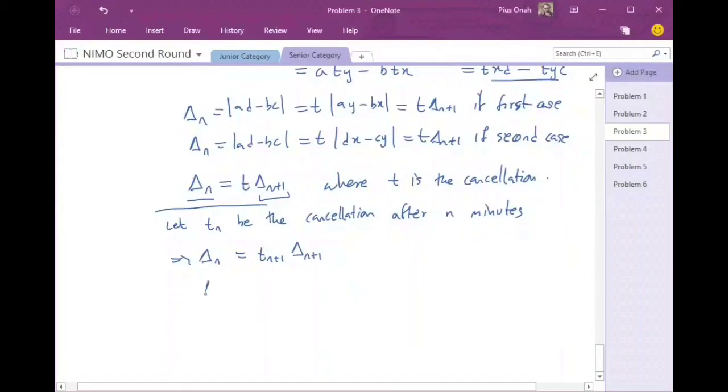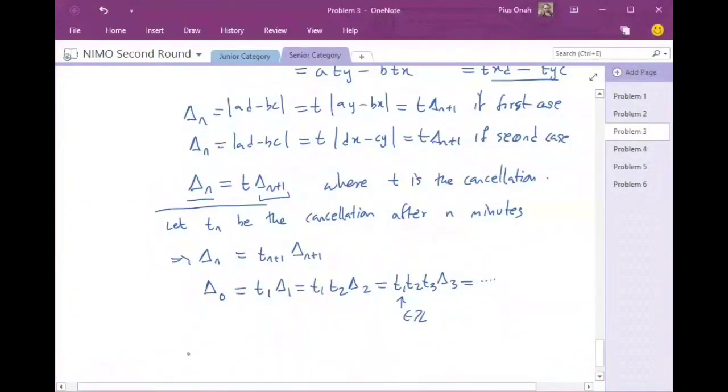If we start initially, before the first minute, that'll be delta 0, the initial term of the sequence. Then we can express things as follows. It's kind of an inductive expression, and all these are integers.